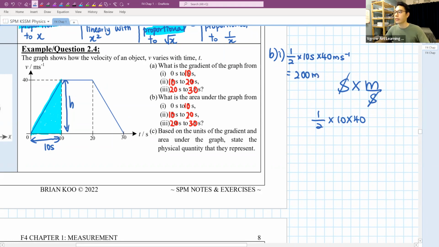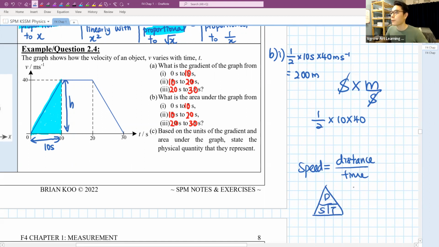Okay, you get meter, which makes sense, because last time in PT3 you learned speed equals distance over time. Your velocity is like speed. Or you probably have learned this triangle before: distance, speed, and time.